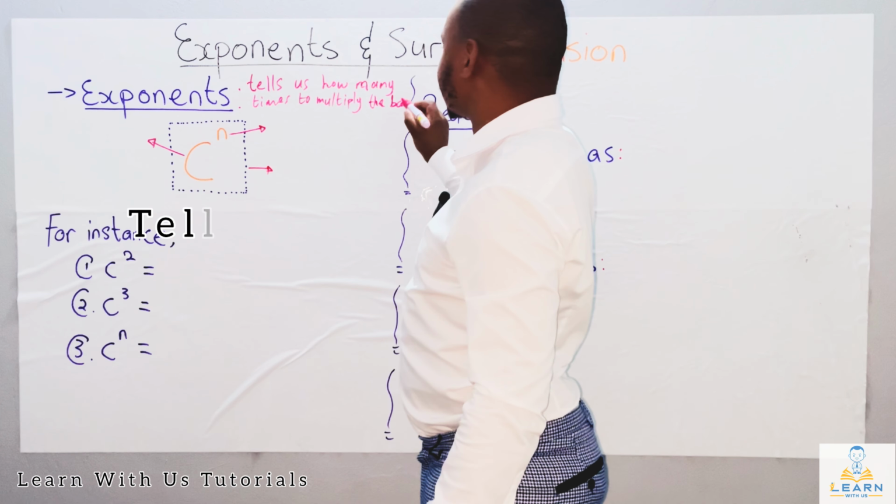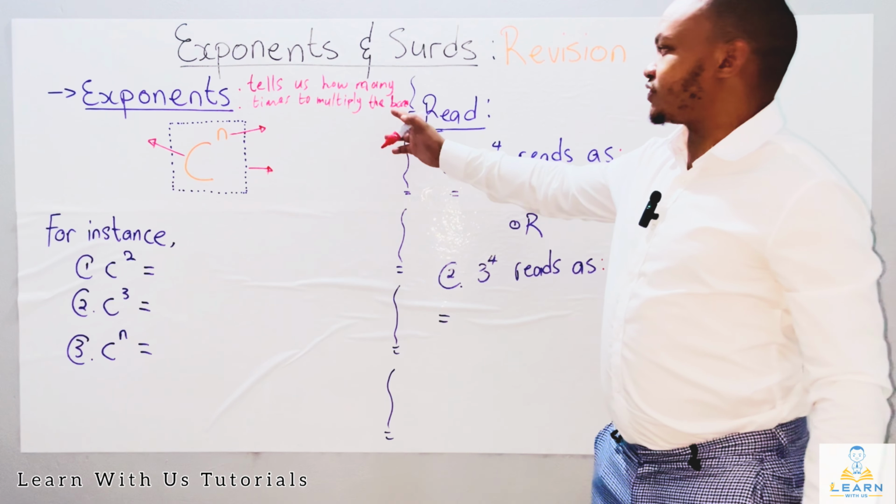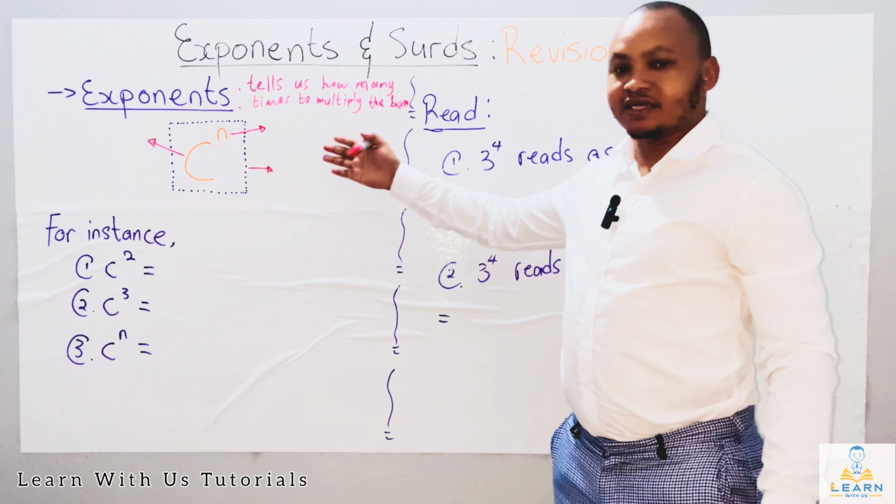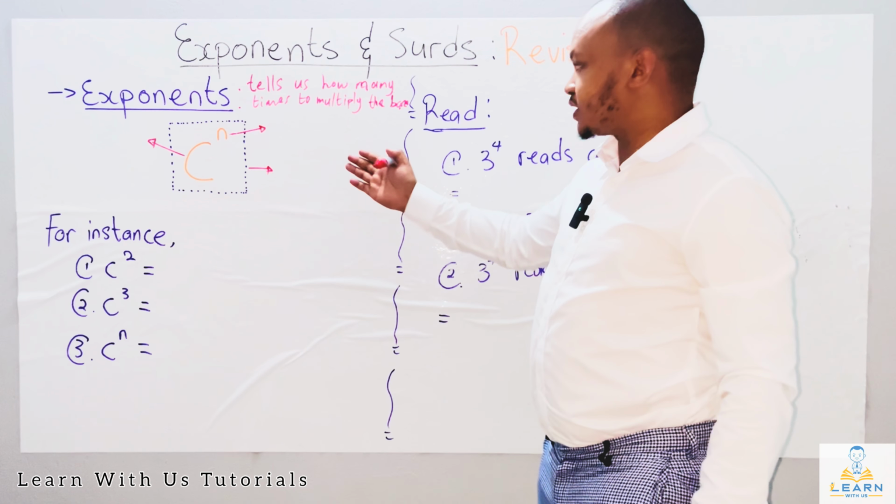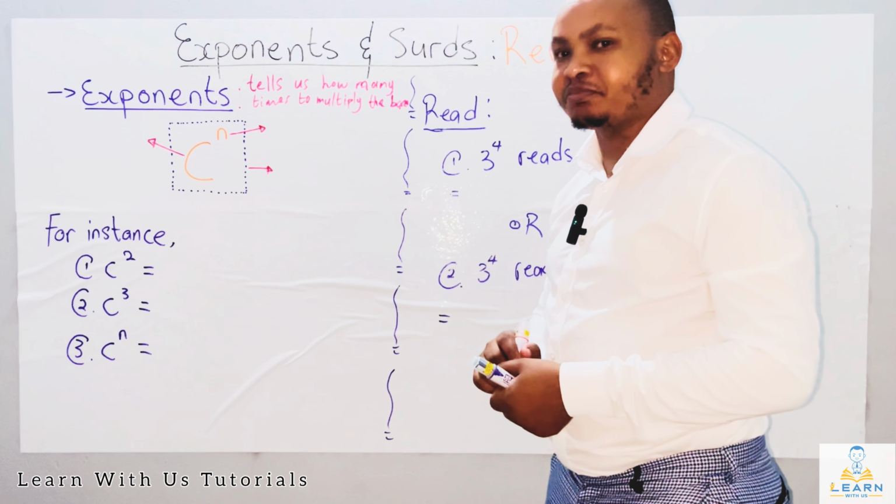It can be the base or it can be the number, but we'll just refer to it as the base, and then we'll quickly show you what we mean by base.